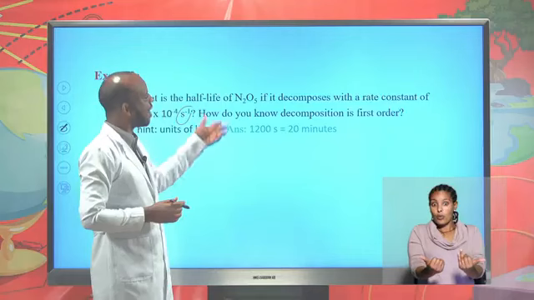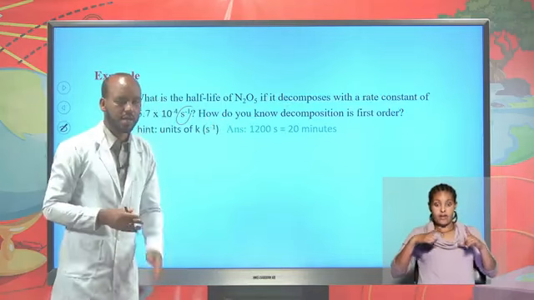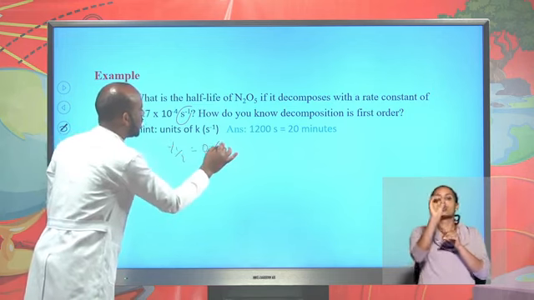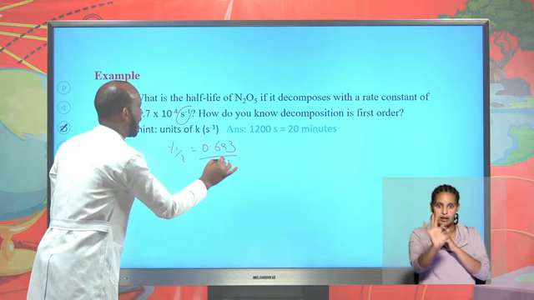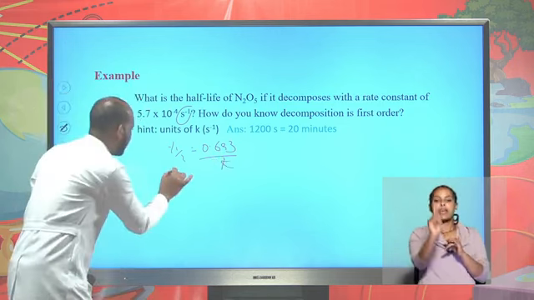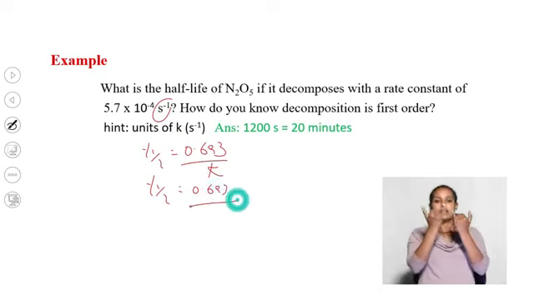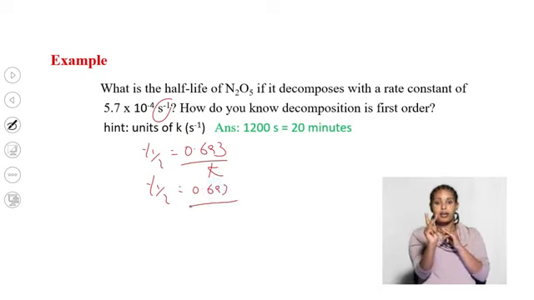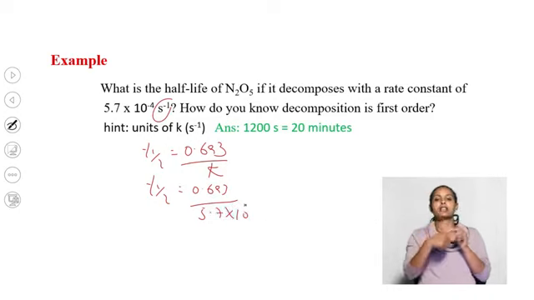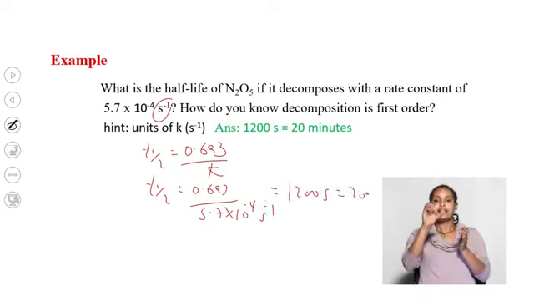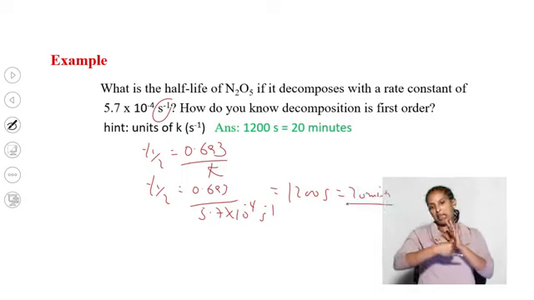Now the half-life for a first order reaction is T half equals 0.693 divided by K. The rate constant K is 5.7 times 10 to the power of minus 4 per second, so T half equals 1200 seconds, which is 20 minutes.